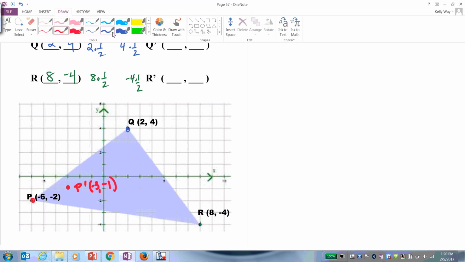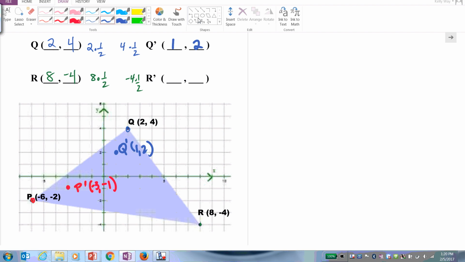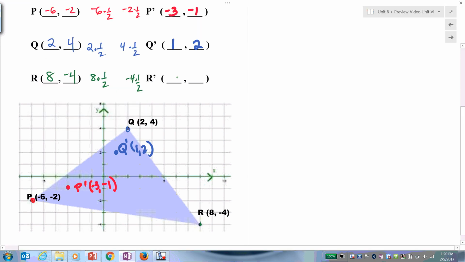And then here we have half of 2 is +1, half of 4 is +2. That's Q prime. Half of 8 is 4, half of -4 is -2. That's R prime.